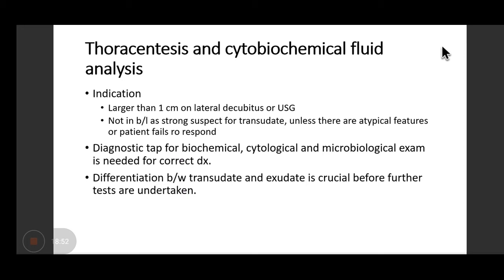For therapeutic purposes, when is it done? When there is massive pleural effusion and the patient is not able to breathe, there is dyspnea. For diagnostic purposes, we need to diagnose the etiology of the pleural effusion. The most crucial part is to differentiate whether it is a transudative or an exudative type of pleural effusion.